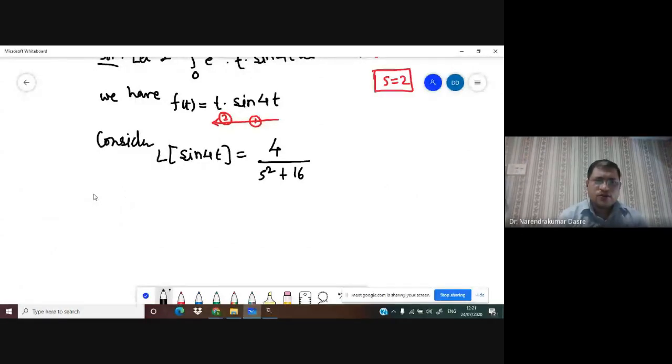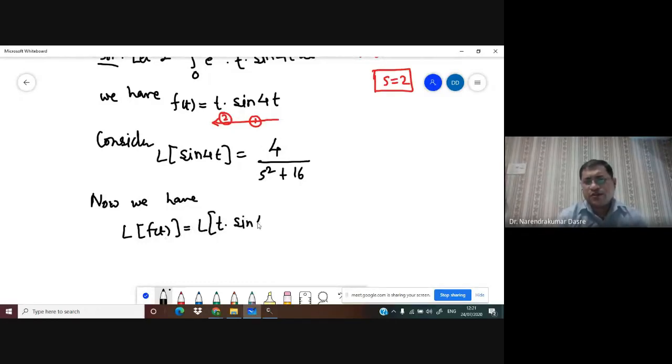Now we have Laplace transform of f of t is equal to Laplace transform of t into sine of 4t. And what we know, the property of Laplace transform of t into f of t, is minus d by ds of f bar of s.